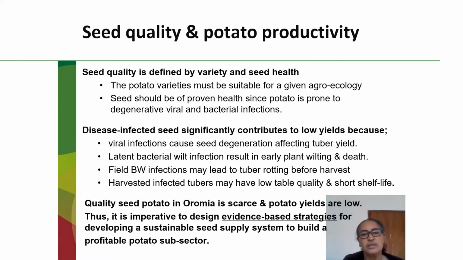And quality seed potato in Oromia is scarce and potato yields are low in general. Thus, it is imperative to design evidence-based strategies for developing sustainable seed supply system to build a profitable potato subsector.